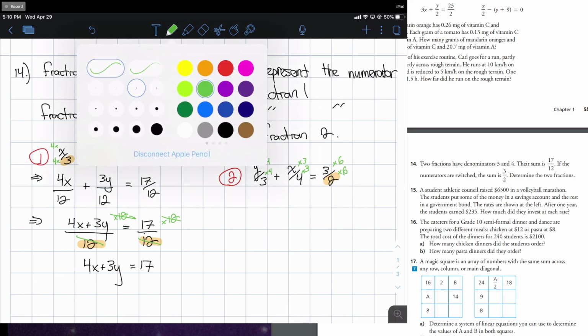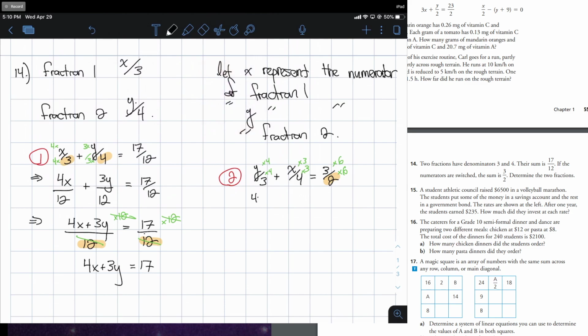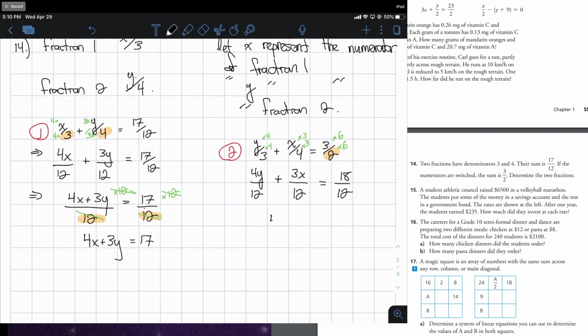So when I do that, we get 4y over 12 plus 3x over 12, equal to 18 over 12. And I can simplify this a little bit, so I get (4y + 3x) all over 12, equal to 18 over 12.